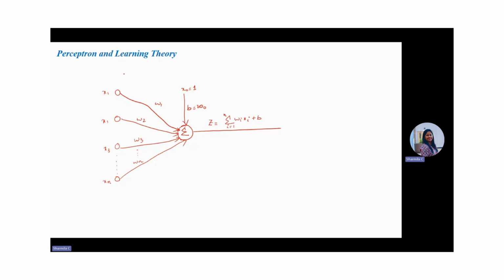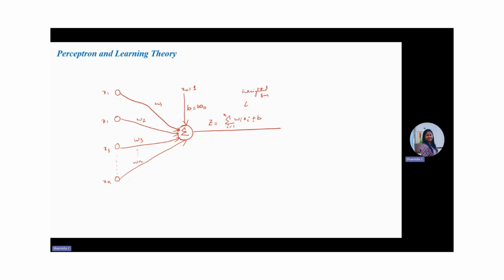Since the bias is always a constant value, I want to retain it as it is. It helps the activation function map the input signals to the output signals, so we keep it as plus b. This is the output, the weighted sum.